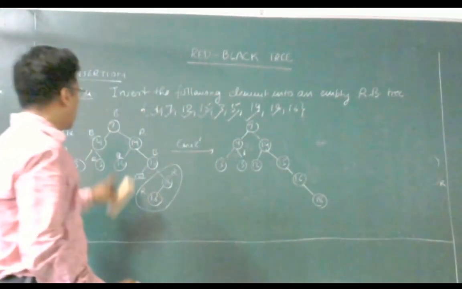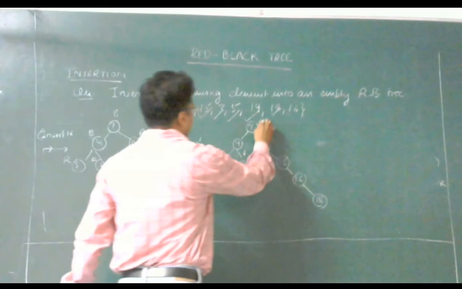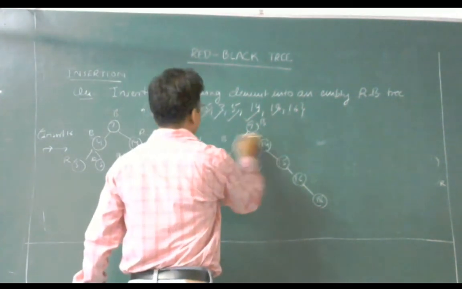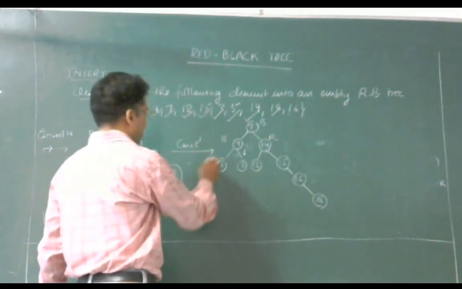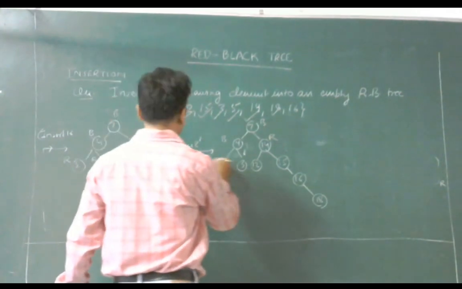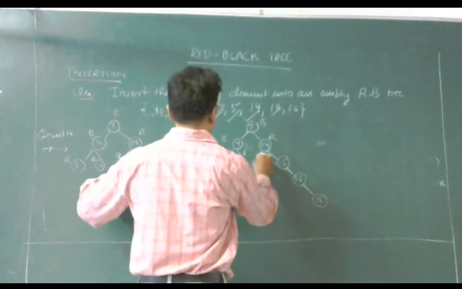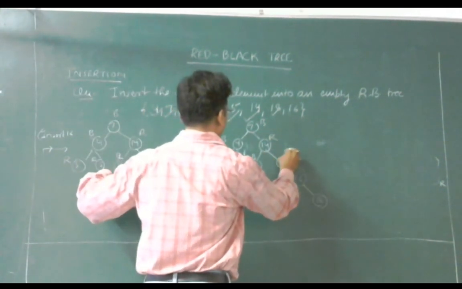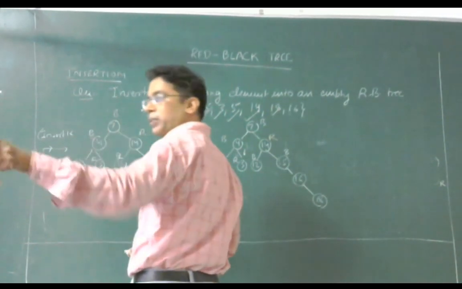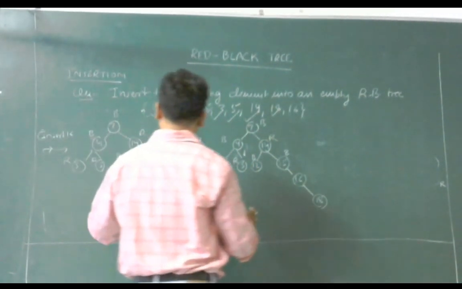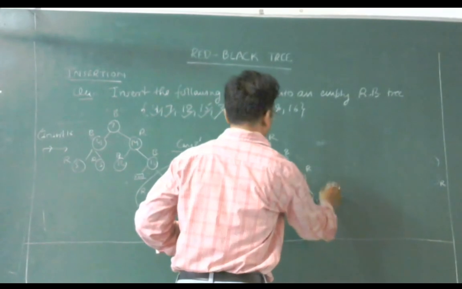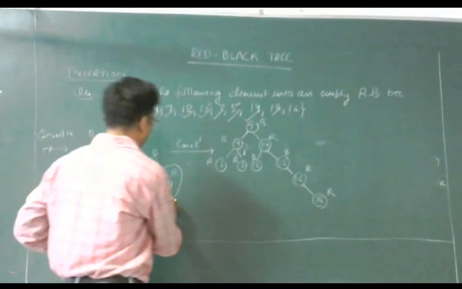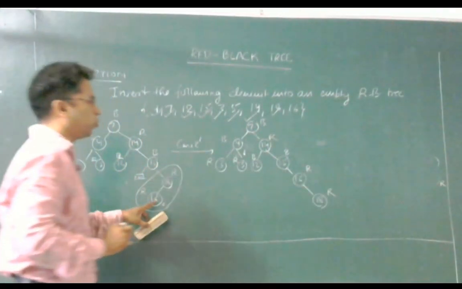Okay, so here I am marking a color black, black, black, and red, red, black, black. Black, black, and this is of red and red. Now the Z pointer will shift from the Z node to the parent node.